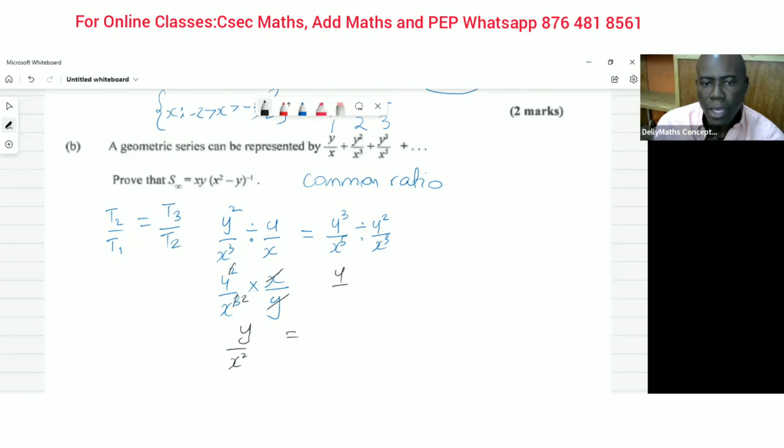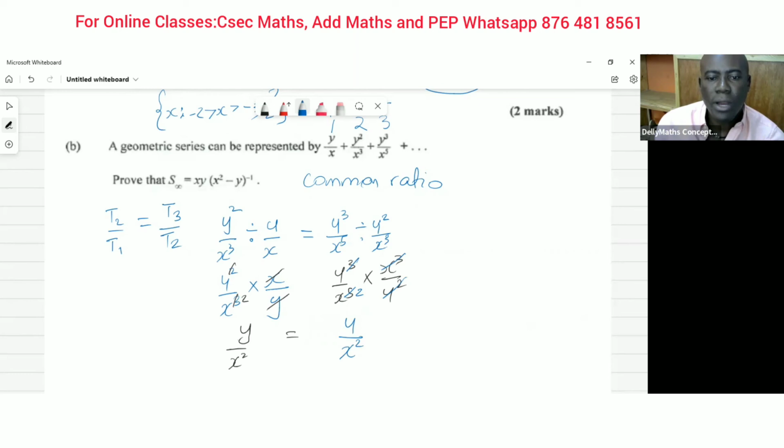So y to the third over x to the fifth multiplied by x to the third over y squared. You definitely could see the canceling going on. All of this cancels, leaving 1, and all of this cancels, leaving 2 down here. So I'm left with y at the top and x squared.